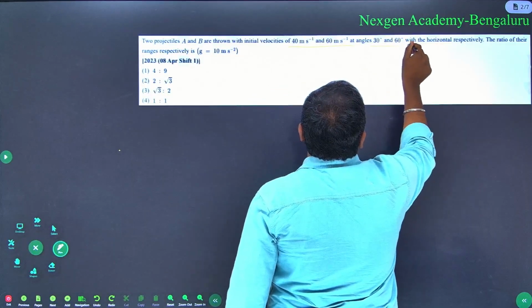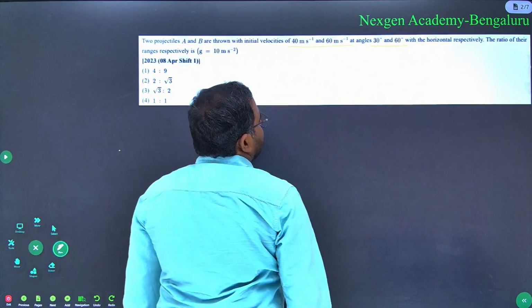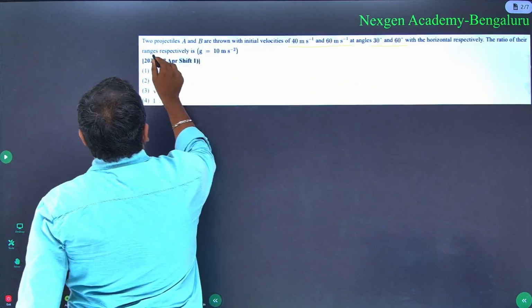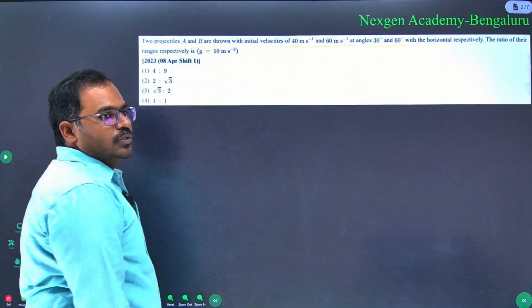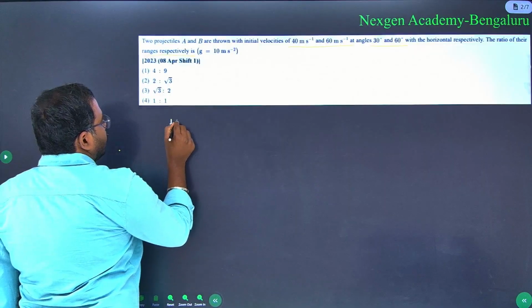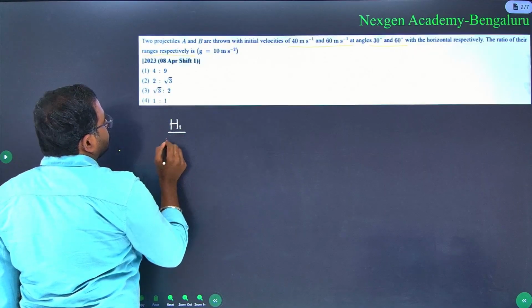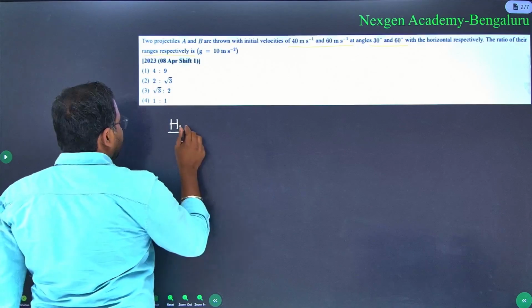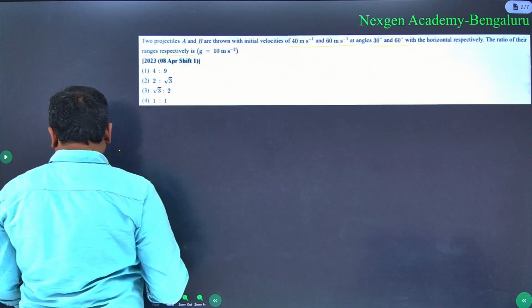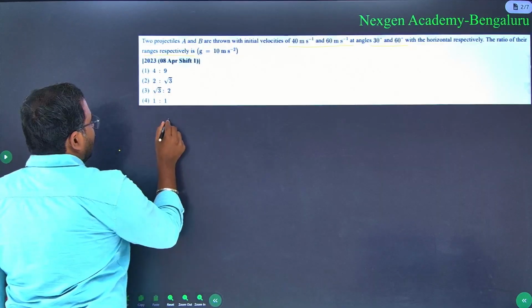Two different bodies these are. The ratio of their ranges, that is R1 by R2, we have to find. They are asking for the horizontal ranges.